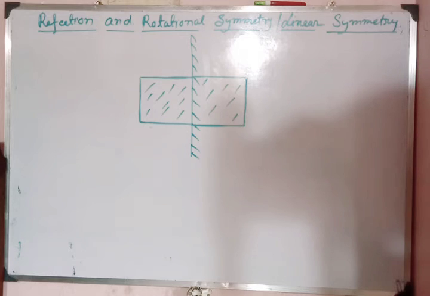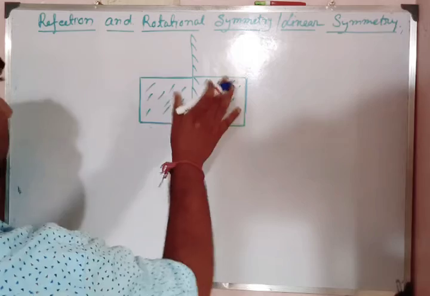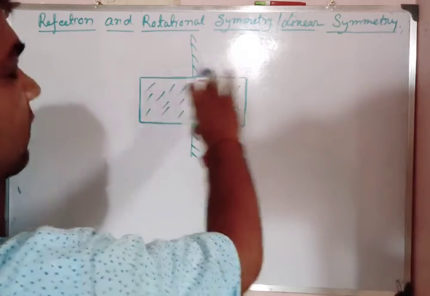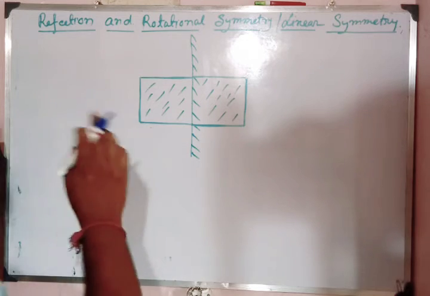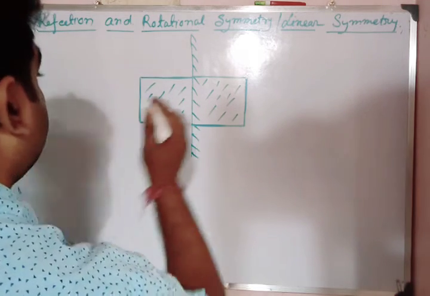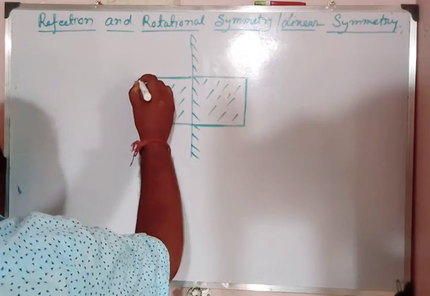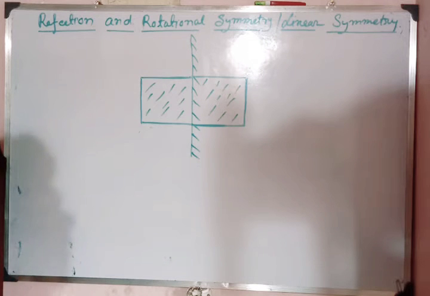Though it is not physically present, though it is virtual, if we compare it, we are getting this structure. So this is called symmetry. Understood? For symmetry, we have to make a deep idea. This is called the symmetry of a figure.